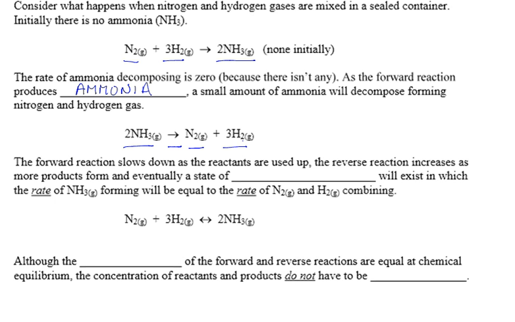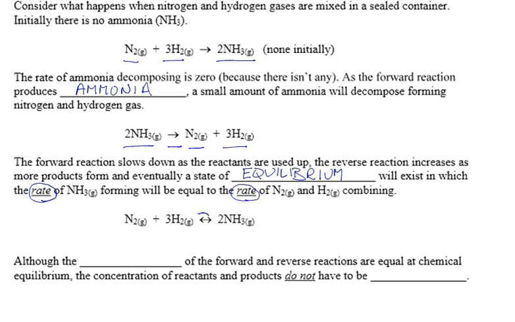Over time, the forward reaction will slow down as reactants are used up. The reverse reaction will increase as more products form, and eventually we reach a state of equilibrium in which the rate of NH3 forming will equal the rate of N2 and H2 combining.